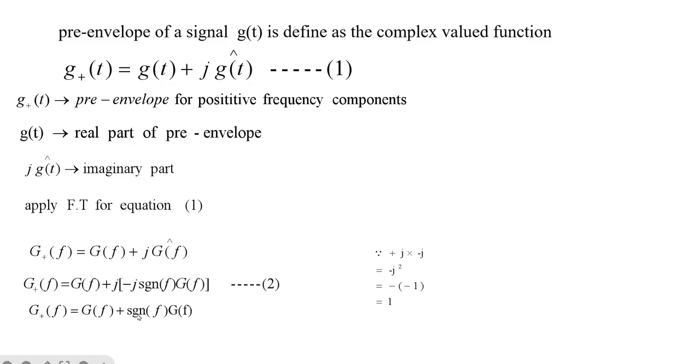If you observe this equation, you can see on the RHS g of f is common in both the terms. So we'll take g of f common and we get g plus of f is equal to g of f times the bracket 1 plus signum function. We'll take this as equation number 3.